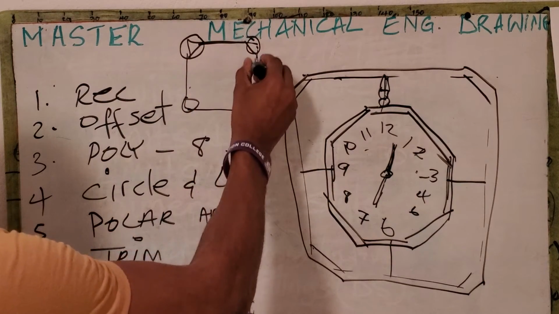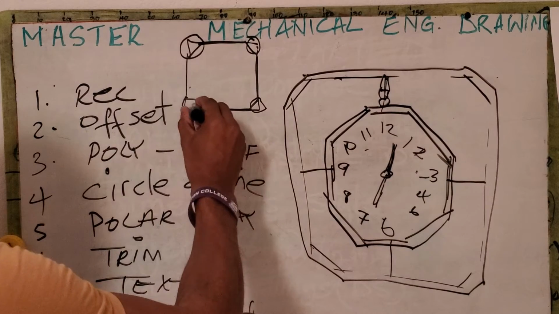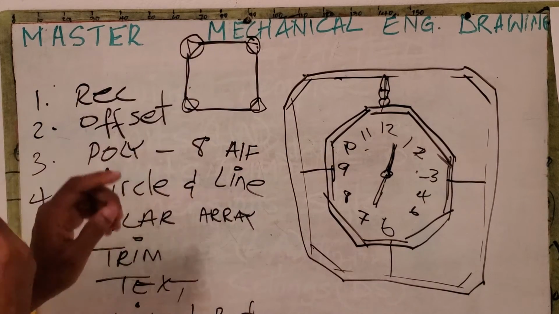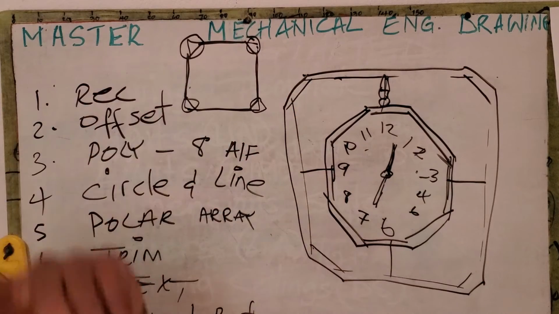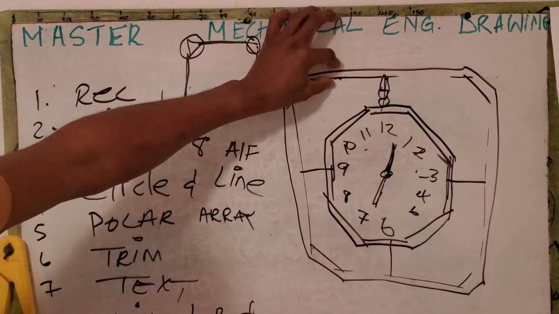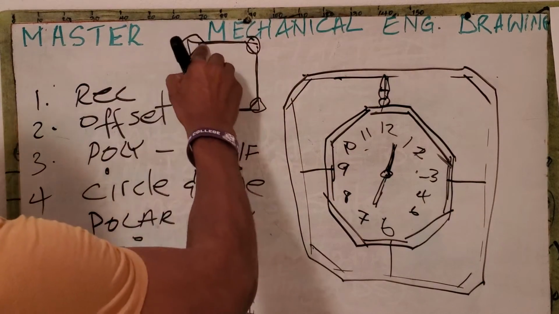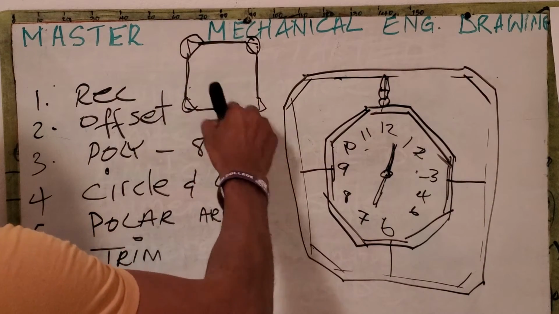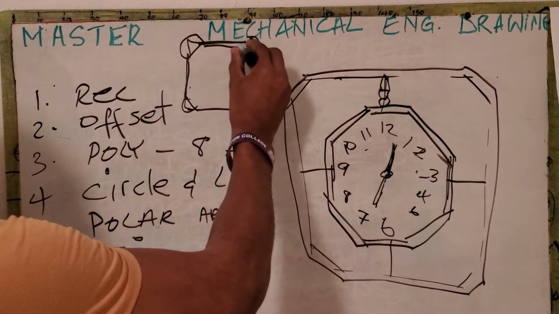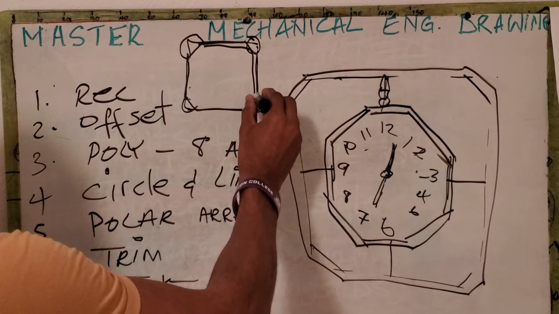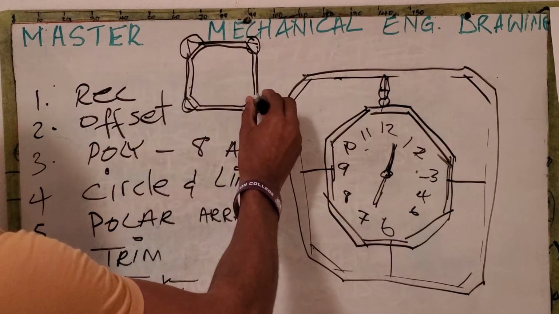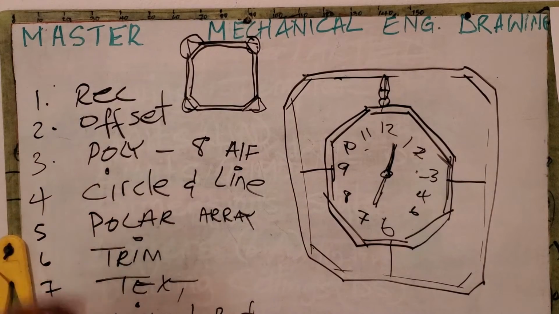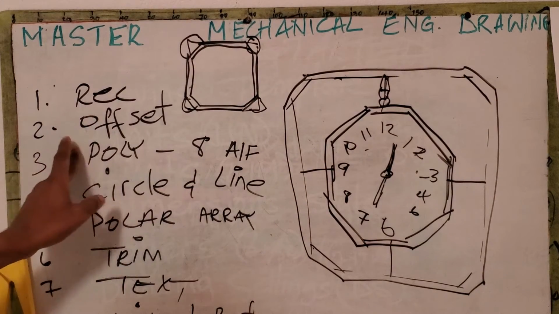Then I would offset this using through to get the thickness for this. So that would have been done.